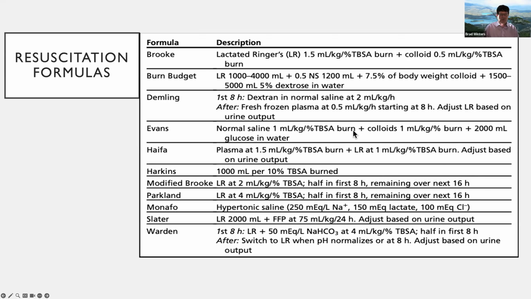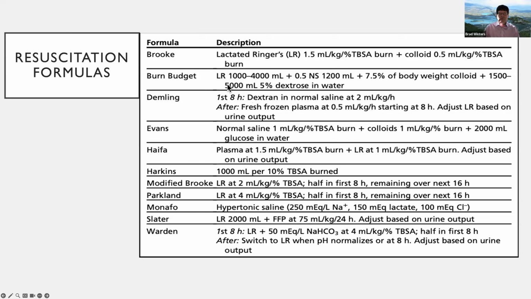Virtually all of these formulas that are commonly used nowadays, some of these are much older and are not used very much anymore, are focused on that first 24 hours of resuscitation. Some of them use materials that aren't really available anymore, like dextran, which is not commonly used, at least in the United States anymore. We'll talk about fresh frozen plasma in a little more detail later. It is not currently part of most burn resuscitation formulas, but there is some evidence in the literature that may change that over the next few years.